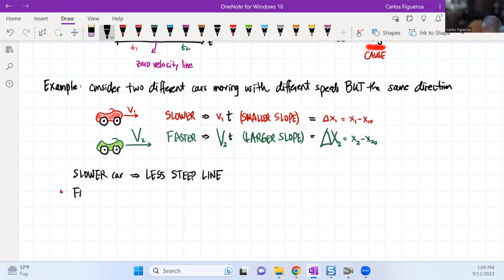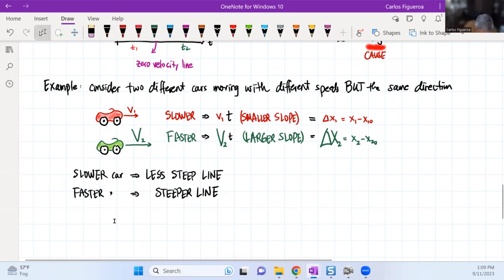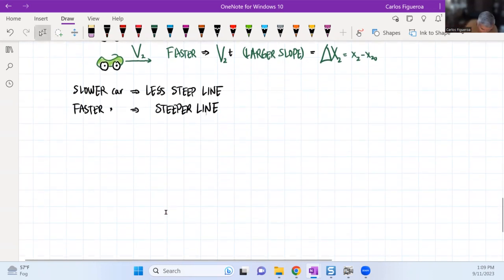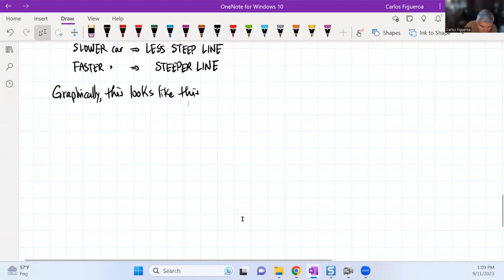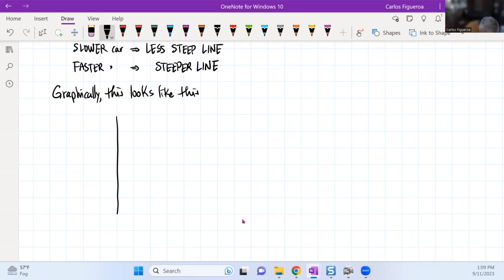If I have a faster car, then I'm going to have a steeper line. So now if I start to look at this thing graphically, what does it look like? Graphically, this looks like this. I'm going to have to draw a big graph to really squeeze it all in here. Let's see if that's big enough.